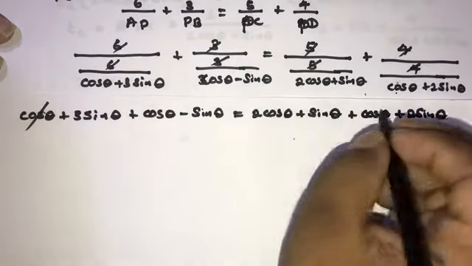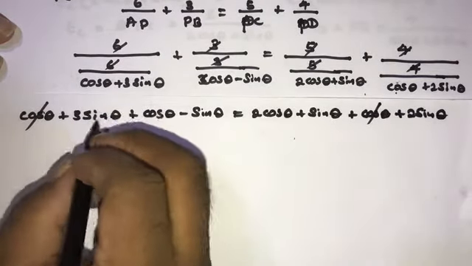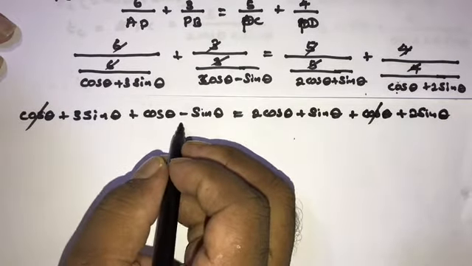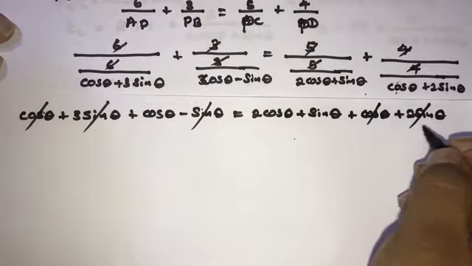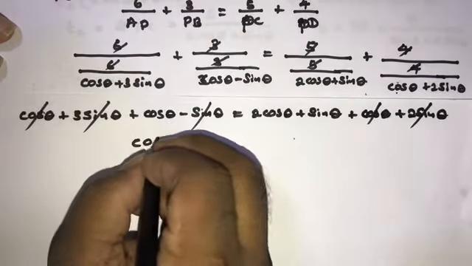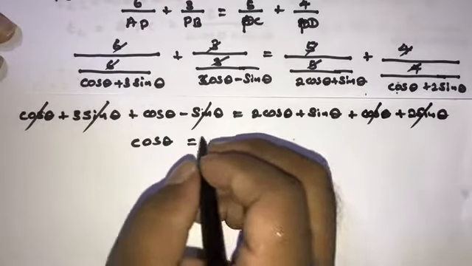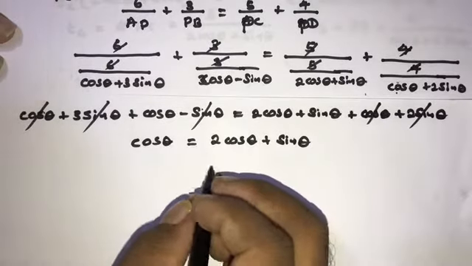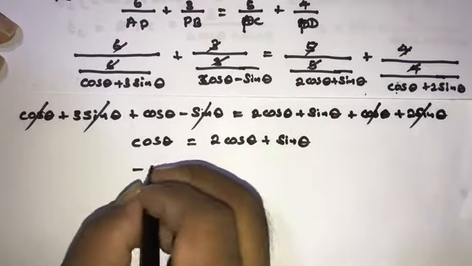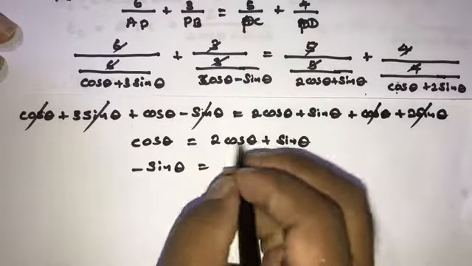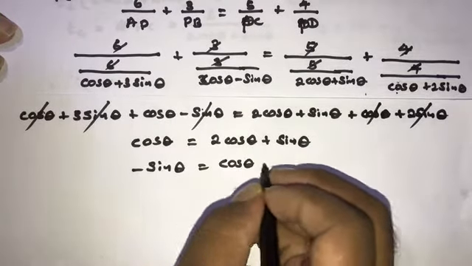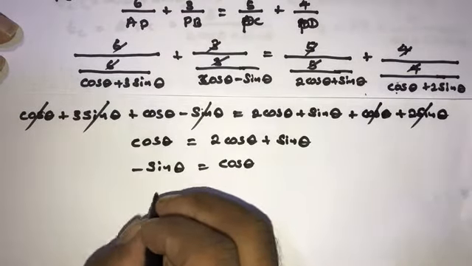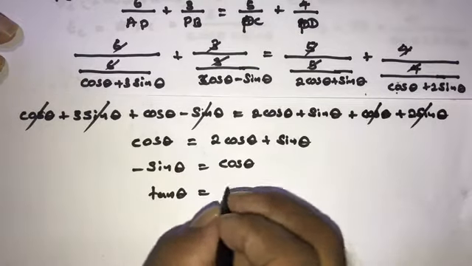So cosine of theta gets cancelled, and 3 times sine of theta minus sine of theta is 2 times sine of theta, so these terms get cancelled, and now we can write cosine of theta is equal to 2 times cosine of theta plus sine of theta. So now we can write minus sine of theta is equal to cosine of theta. If we divide by cosine of theta, we can write tan of theta is equal to minus 1.